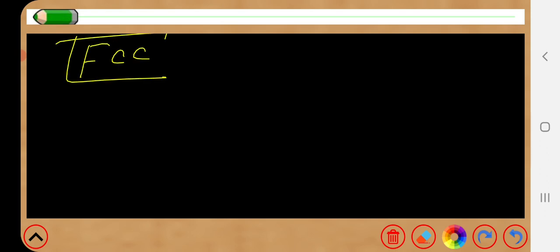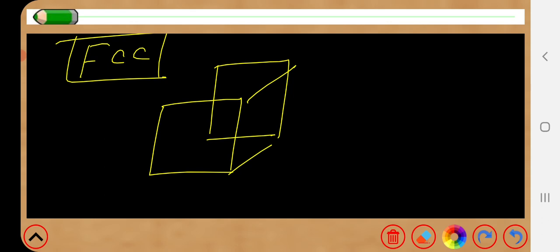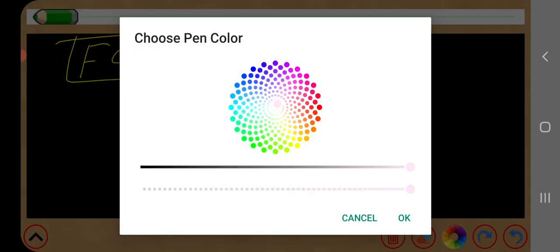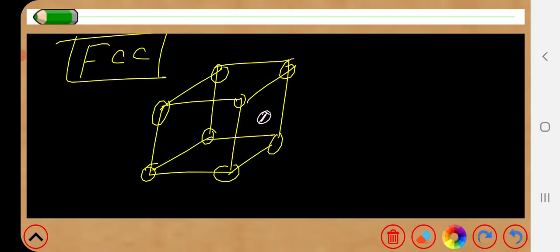Very quickly, okay. Look, in the FCC structure, everyone knows that at the 8 corners there are 8 atoms, but at the 6 faces there are 6 more atoms.